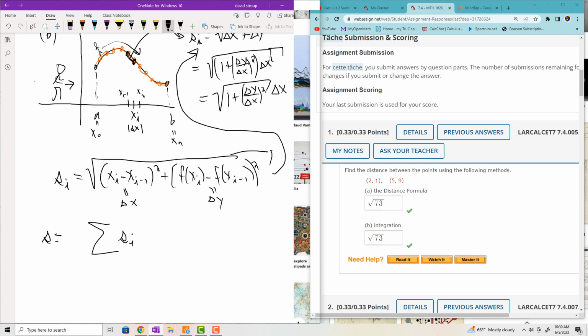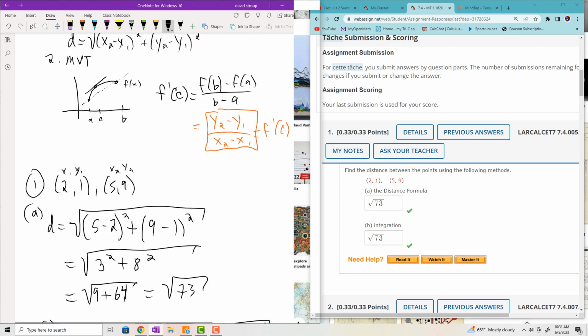And then, of course, to get the actual value of the arc length, you take the limit as the widths of those s sub i, these change in x's, goes to 0. So this is going to be the limit of the sum of the square root of 1 plus change in y all over change in x squared, delta x, and then the mean value theorem again.